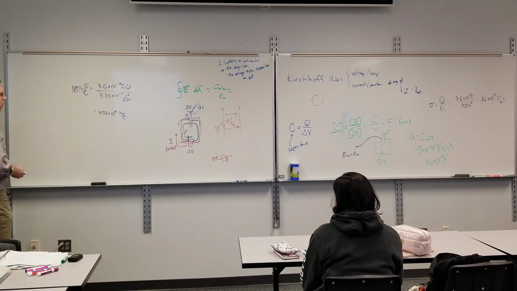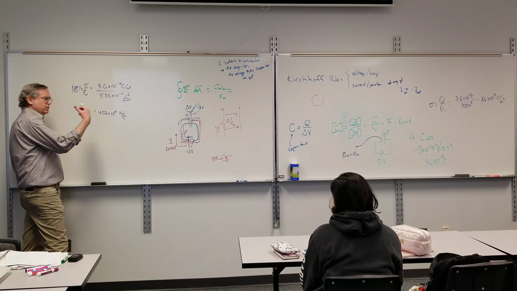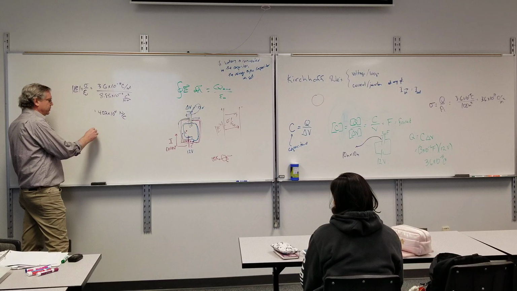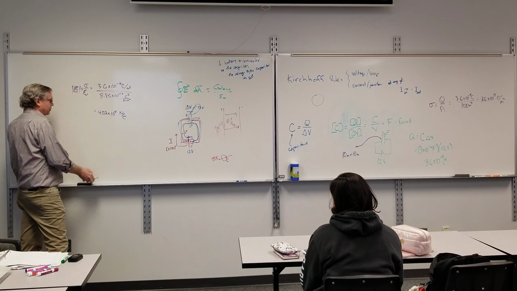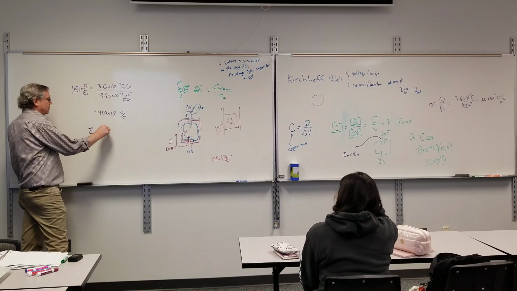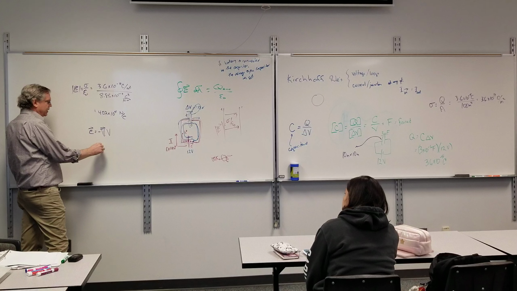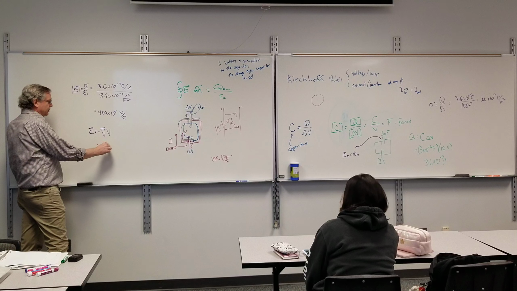Now, before, and I think this was part of a transition bit we did last time, I know that the electric field is the negative gradient of the voltage. Or in a one-dimensional problem, we'll just simplify it down to negative dV dx.